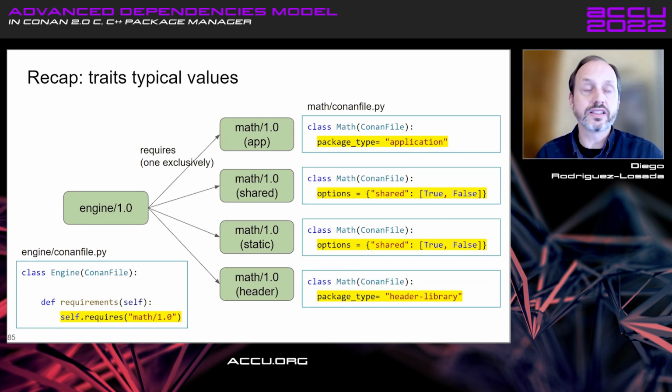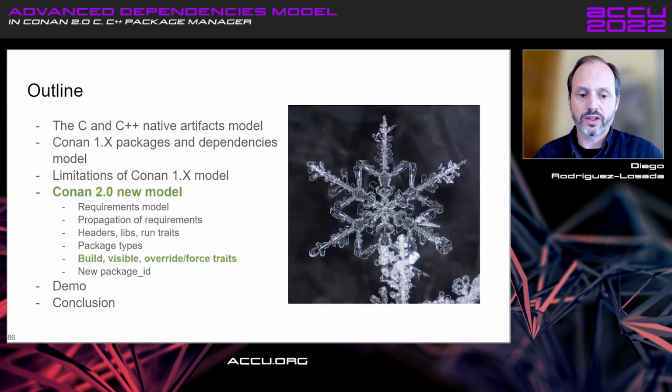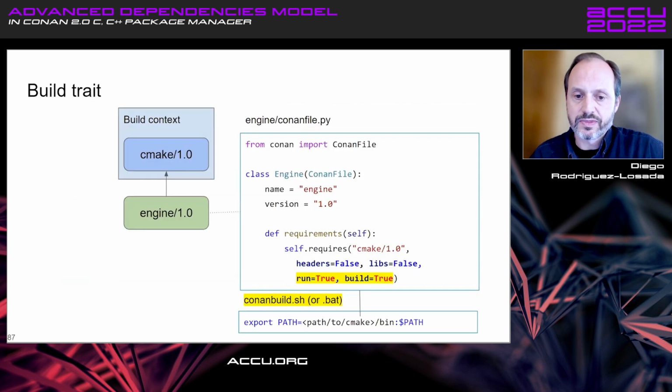But only in those cases do you need to specify that. Once that is defined, in most cases the requires doesn't need to explicitly define all the trait values. Good. Let's continue with a couple more traits.